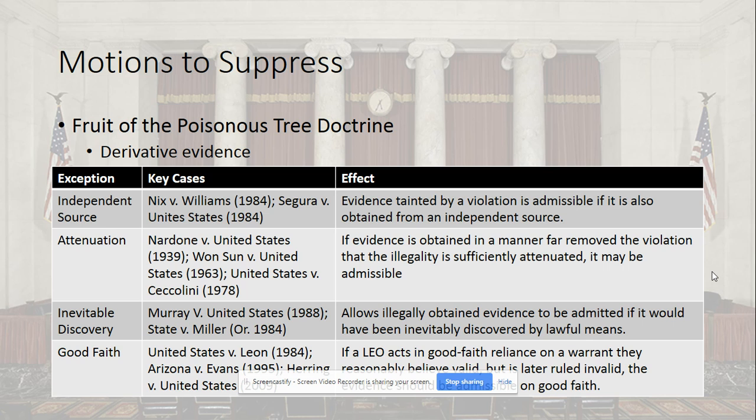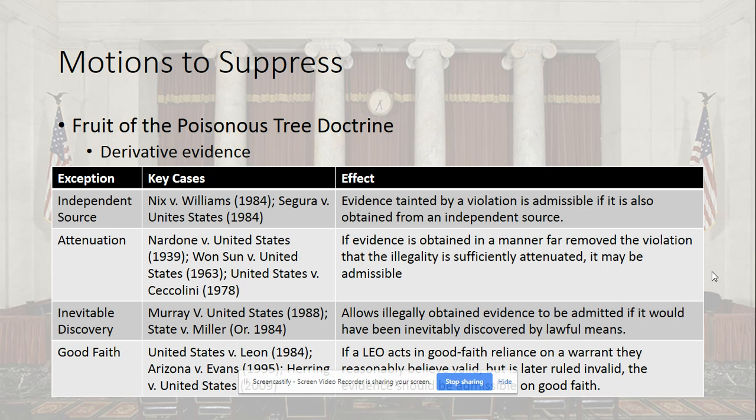All of that evidence obtained, the ballistic reports, the rifling matches, all of that stuff is also inadmissible in court because that evidence came from the use of the gun, which was illegally obtained. And so, since the gun was illegally obtained, any further evidence obtained as a result of the illegally obtained gun is now no longer admissible.